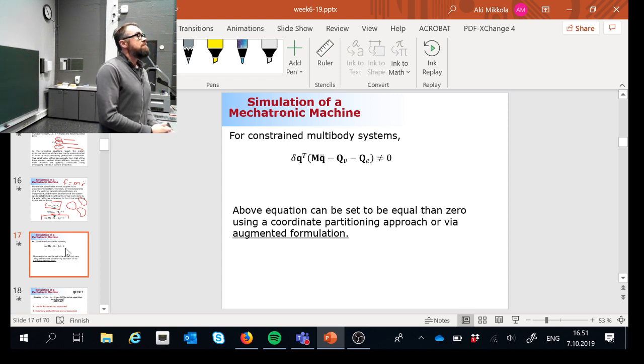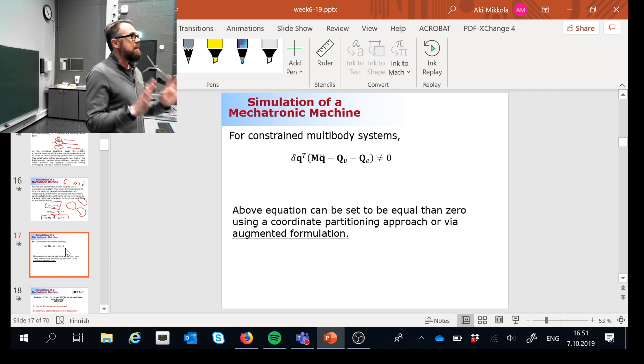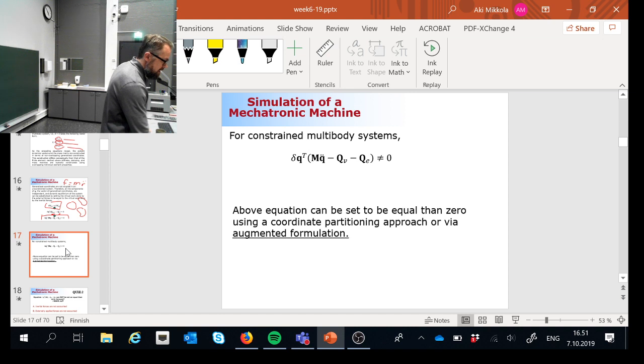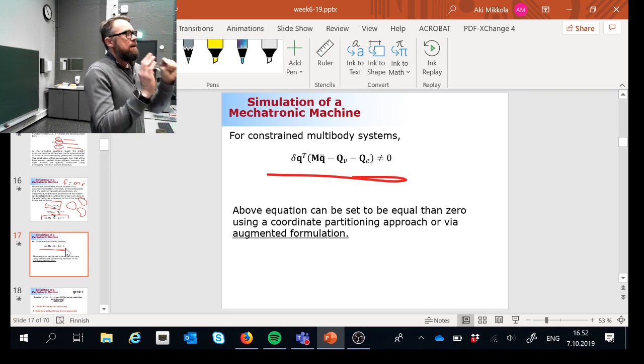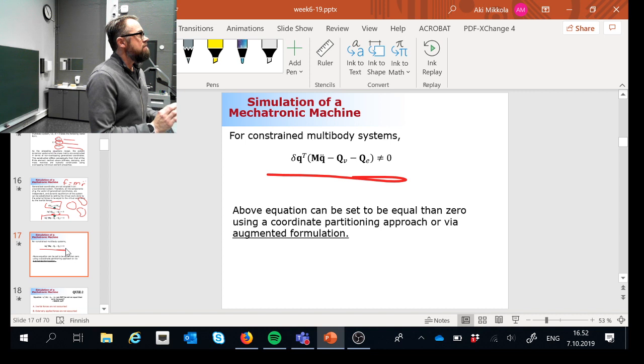And it's very often a misused concept in mechanics. Why is it misused? Because people automatically set this equation to be equal to 0. You cannot do that. You can only set this equation to be equal to 0 under a very severe condition, and this condition is very often overlooked. That's why the concept is misused.